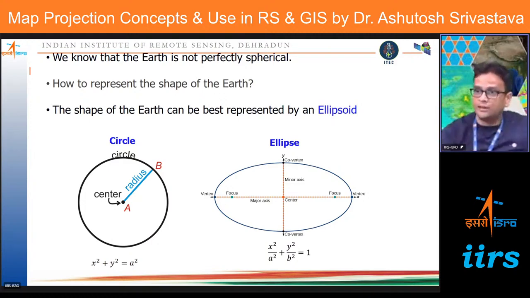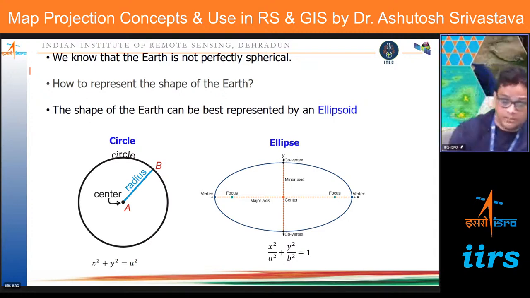That geometry is called an ellipse. So it is away from the circular position. Instead of the radius, in this ellipse there will be a minor axis and a major axis.